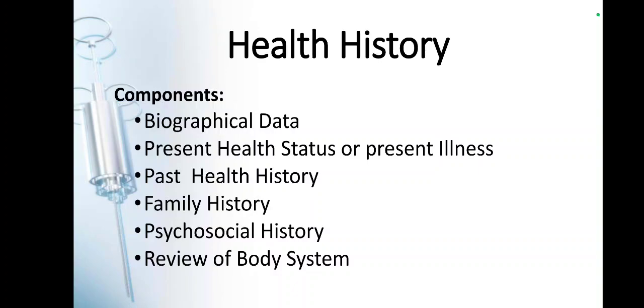So what is the major problem of the patient right now, or what is the cause of his or her hospitalization at this present time. And then we have the past health history, then family history, the psychosocial history, and review of body systems. So actually, these are the main components.